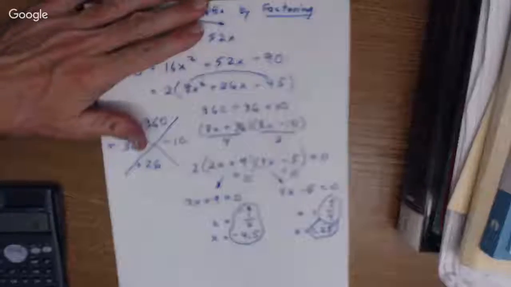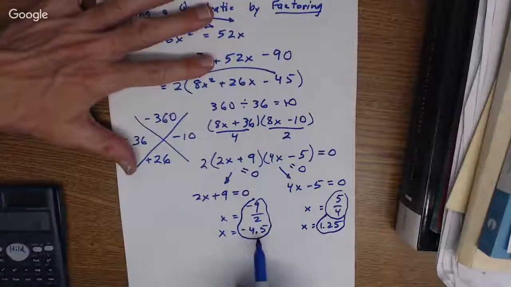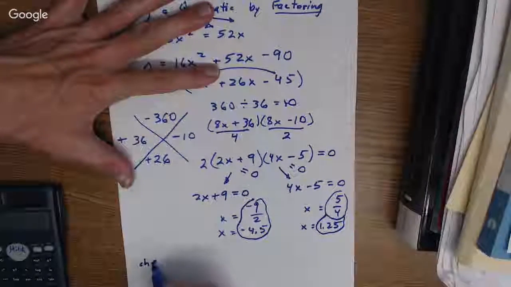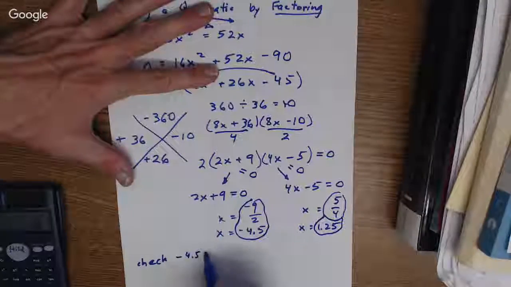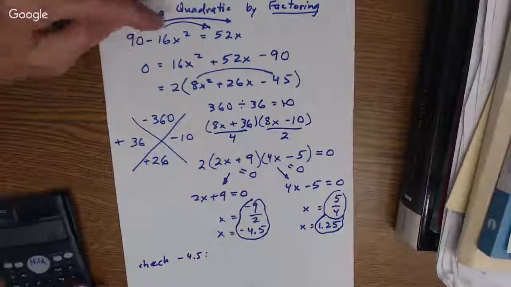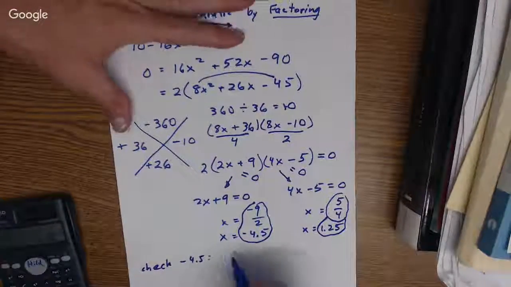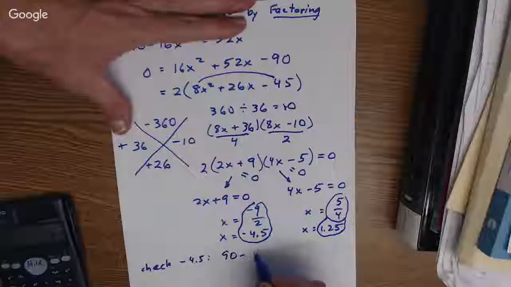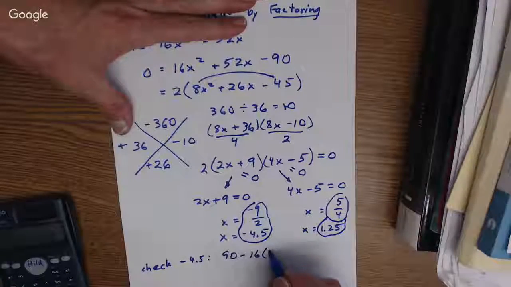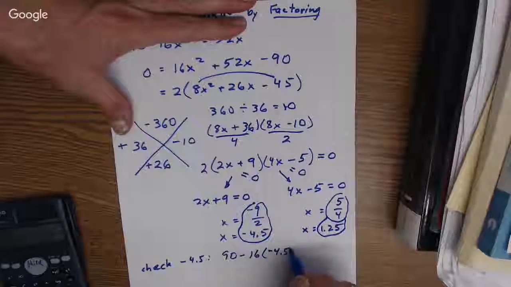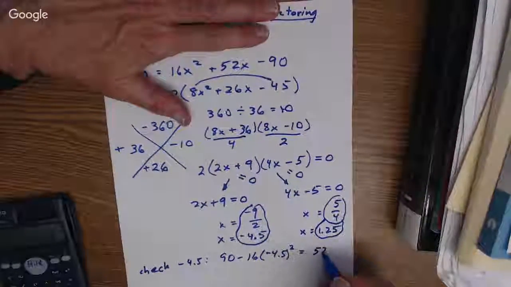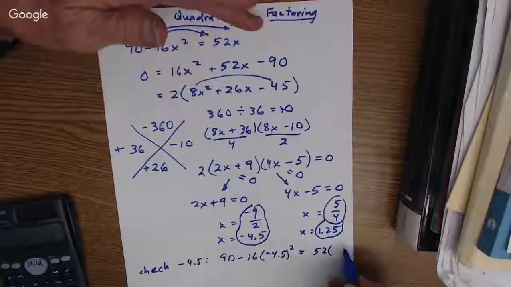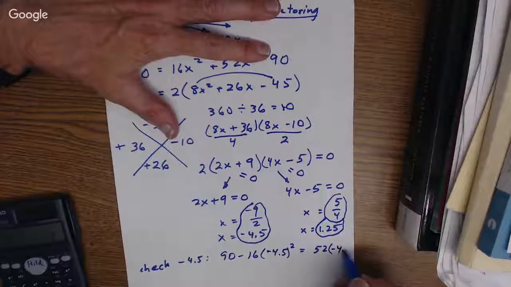And I'll usually have you check one of them. I think I'll check the negative, so I'm going to check negative 4.5. You're going to do this on your calculator. I want it in the original equation, so 90 minus 16x squared, and I want to see if that really does equal 52 times x, which is negative 4.5.